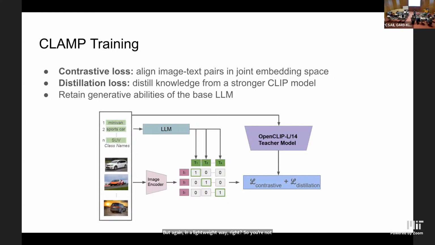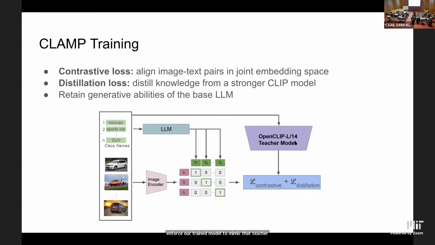And then to train this model, as I said, we're using a contrastive loss where we're aligning image-text pairs. We also added a distillation loss, which is distilling knowledge from a stronger CLIP model. We have the OpenCLIP Large 14 teacher model, which gives us predictions for the pairs, and we try to enforce our trained model to mimic that teacher model.